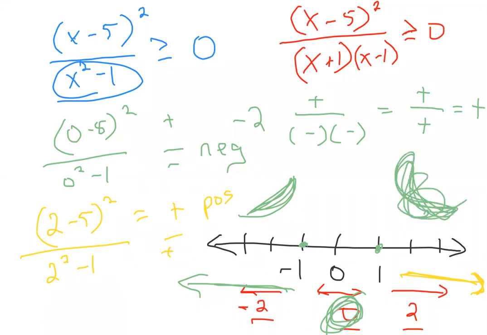So it's telling me that I am greater than 0 from -infinity to -1, and from 1 to infinity.